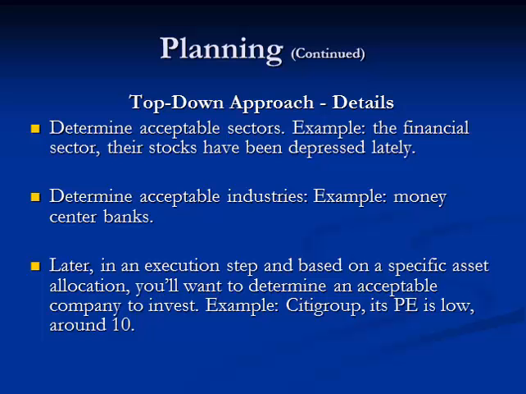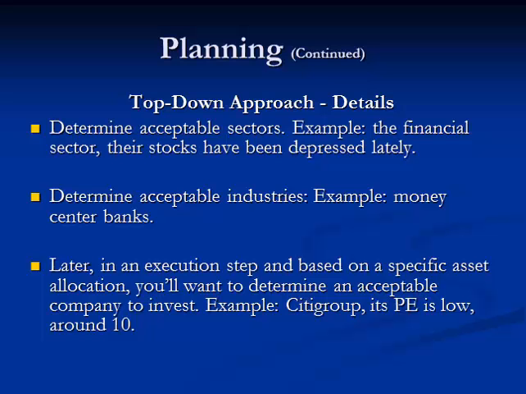Now, the next bullet says determine acceptable industries, so we're going even narrower. We're looking at the financial sector, and for example, money center banks are within it. Remember, the financial sector is huge. It could be brokerage firms, money center banks, regional banks, and so on. So here we're going to center in on money center banks.